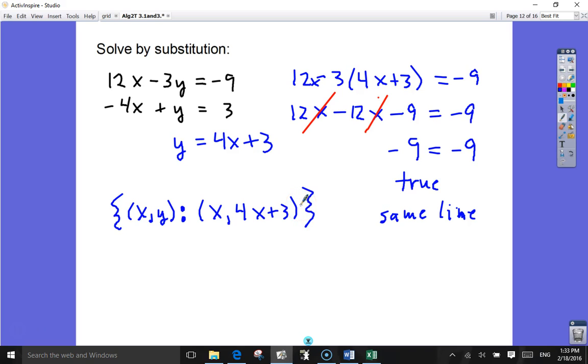Because we know this right here is telling us how you would find the y if you knew the x. So there's infinitely many points that will have that form. But that's what it looks like. You get a true statement like negative 9 equals negative 9.